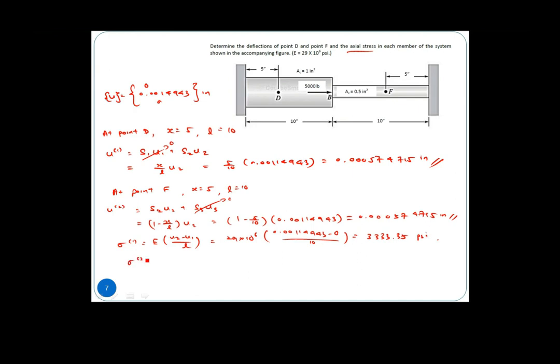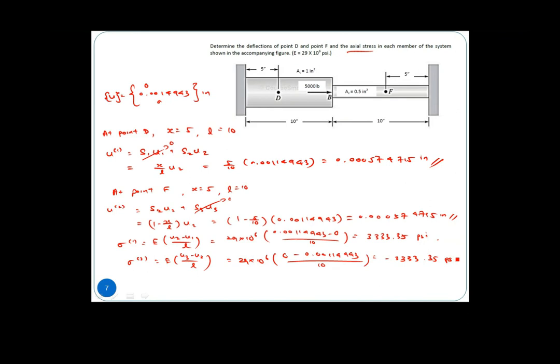Okay. Element number 2, stress will be E times U3 minus U2 over L. Right, then we have 29 times 10 power 6, 0 minus 0.00114943, divided by 10. So here it is a negative 3333.35.